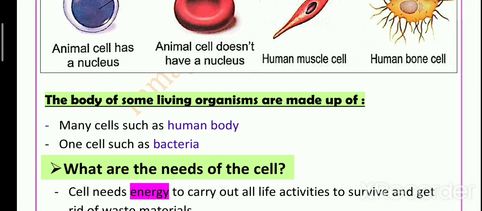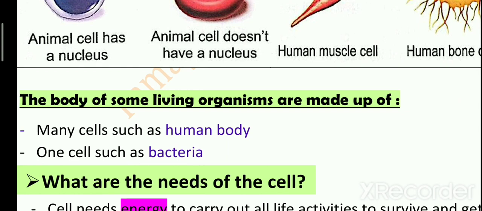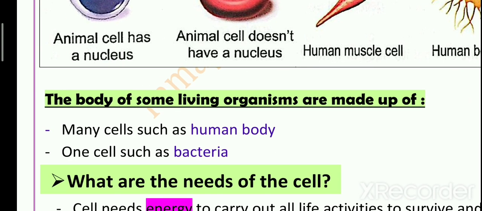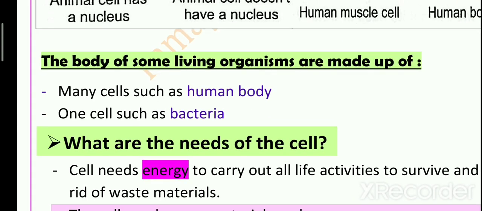Okay, we said some bodies of living organisms are made up of many cells, such as a human body, and we can say these are complex living organisms. And some living organisms are made up of one cell, like bacteria, and we can say these are simple living organisms.